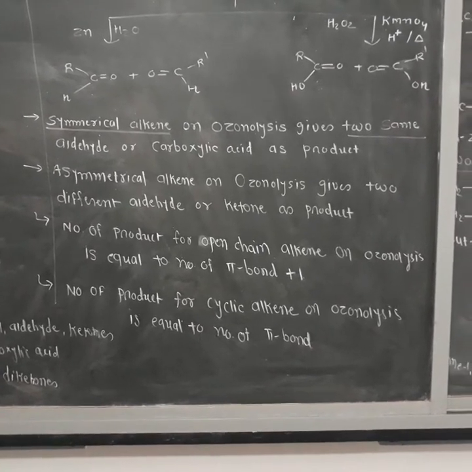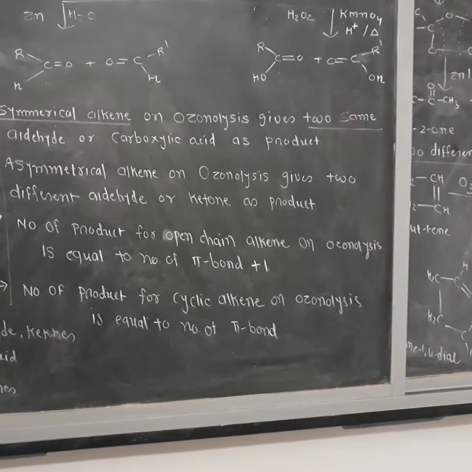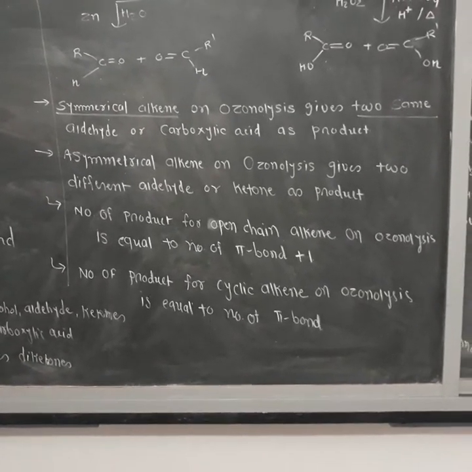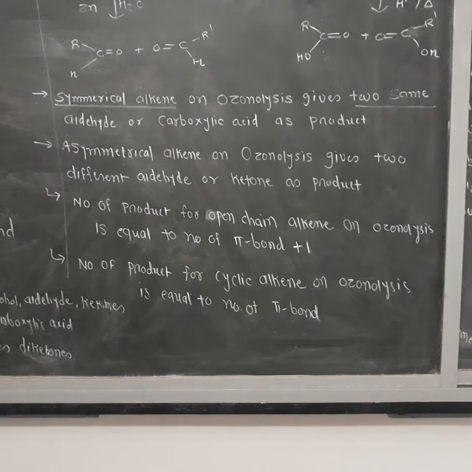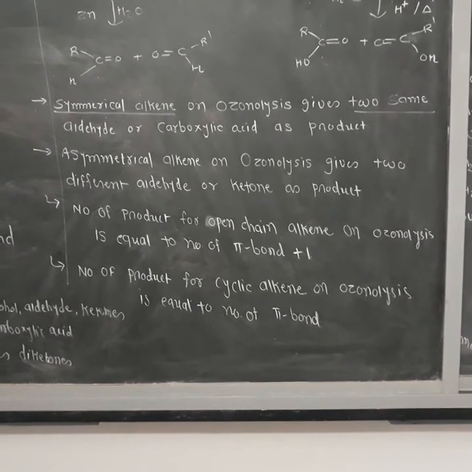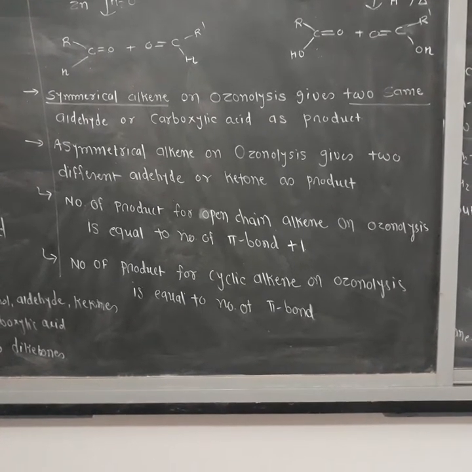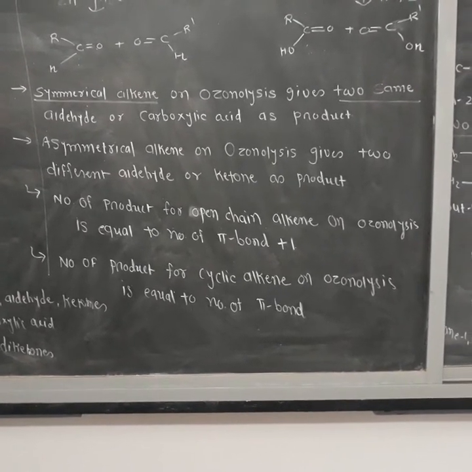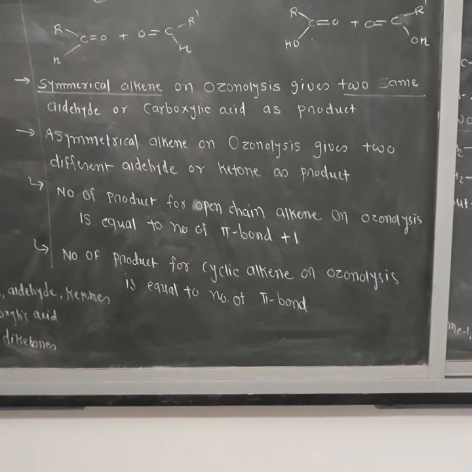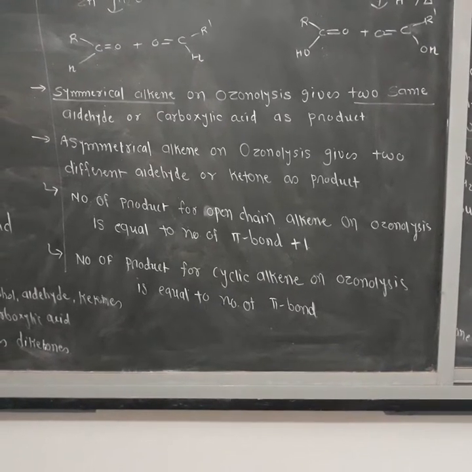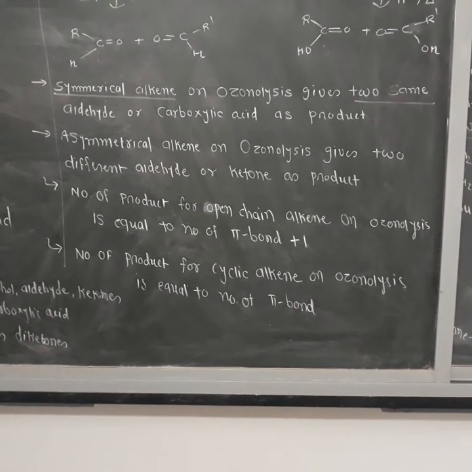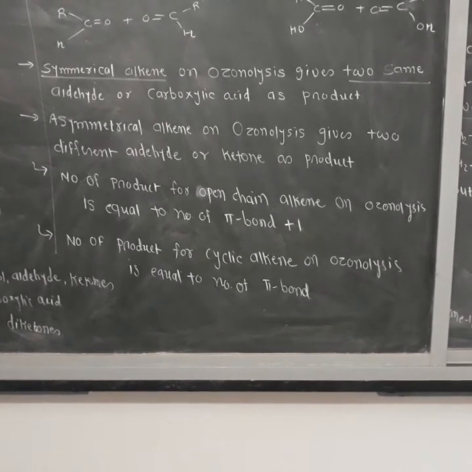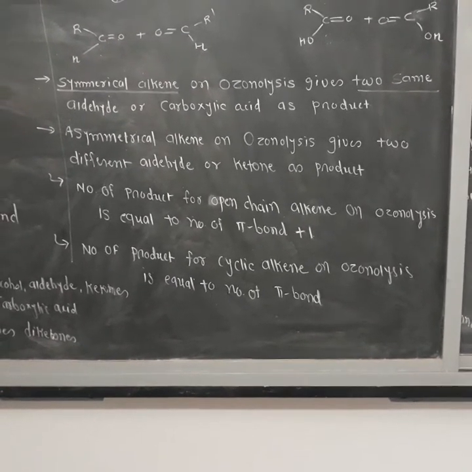Suppose butene has only one pi bond, so you will get two products. Buta-1,3-diene has 2 pi bonds, so you will get 3 products. Penta-1,3-diene, 2 pi bonds, 3 products. Hexa-1,3,5-triene has 3 pi bonds, so the number of products will be number of pi bonds plus 1. Very good, so it will be 4.